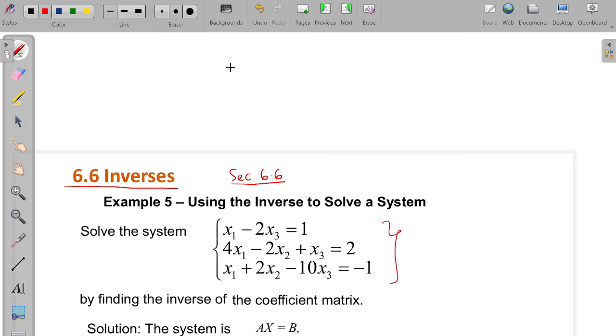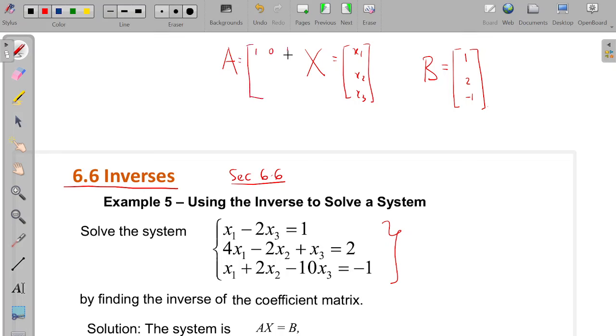That means in a system, we have our matrix A, we have our X, which is X1, X2, X3, and then we have our B. Let's assume B is 1, 2, minus 1. Let's assume our A is 1, 0, 1, 0, 1, 2, 1, 2, 1.